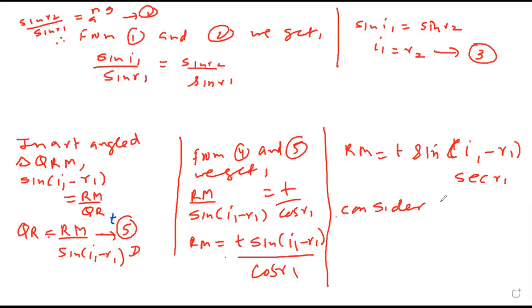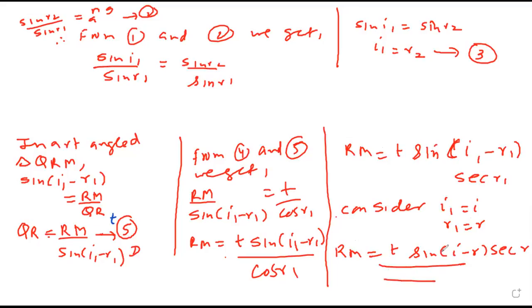Consider I1 as I and R1 as R. So RM equals T sine of I minus R into sec of R. So this is nothing but the formula for lateral shift. Copy. That means for the first surface, the answer we can write is T into sine of I minus R into sec R.